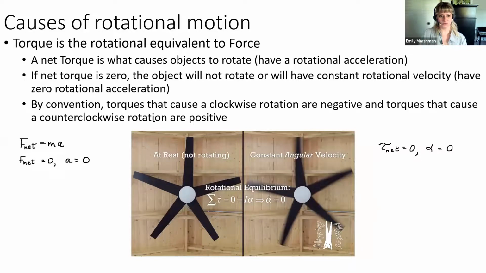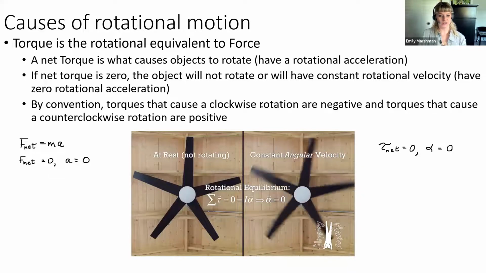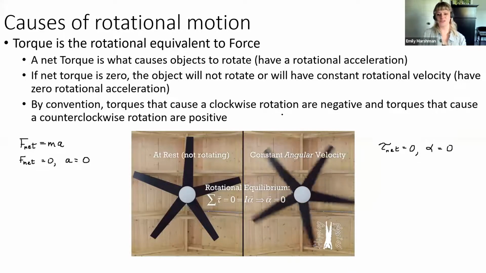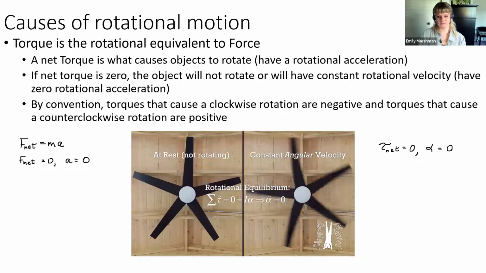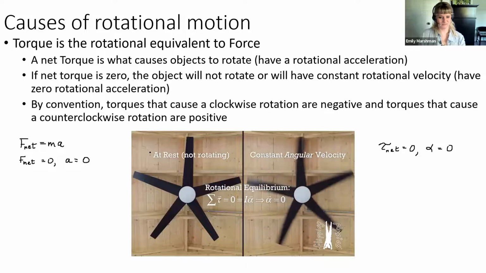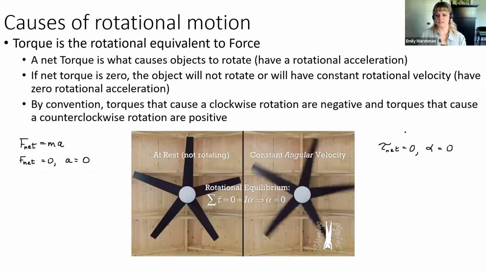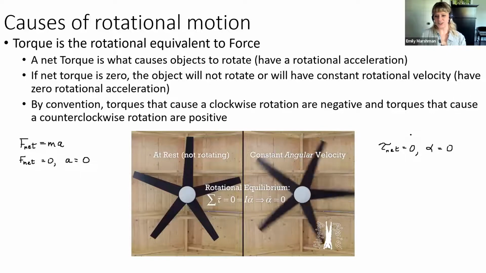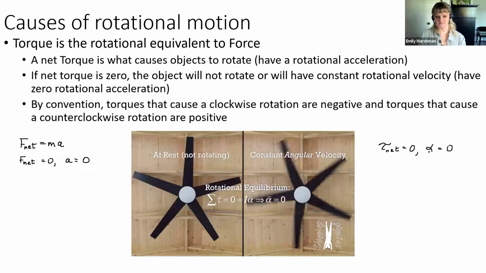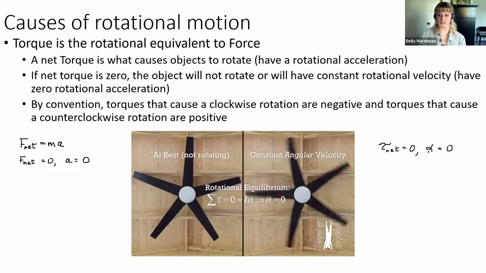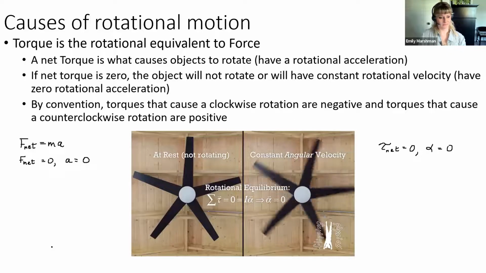You would call the torque that is making a clockwise rotation negative, and the torques that cause a counterclockwise rotation positive. We'll practice this in a bit. Key takeaway here is that a net torque acting on an object causes it to have an angular acceleration. If the net torque acting on the object is 0, it's not going to have an angular acceleration.